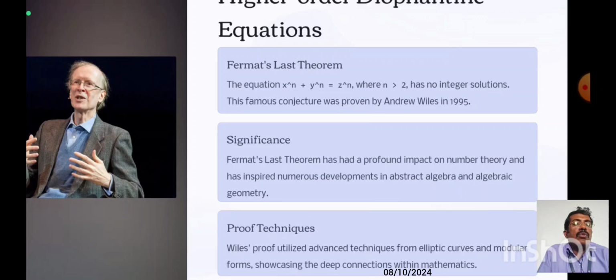Elliptic curves are used in cryptography. Elliptic curves and modular forms showcase the deep connections within mathematics, and it can be connected between different mathematical domains.